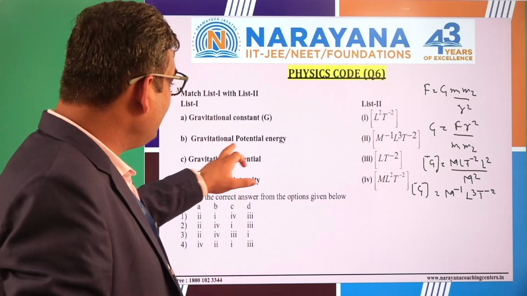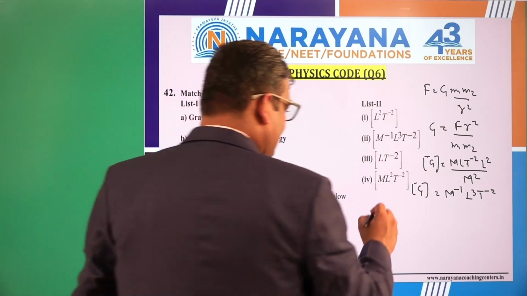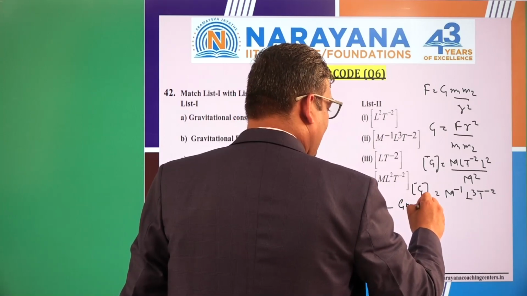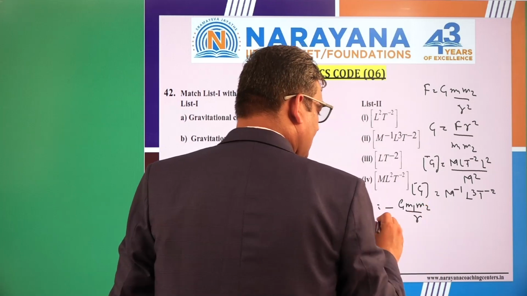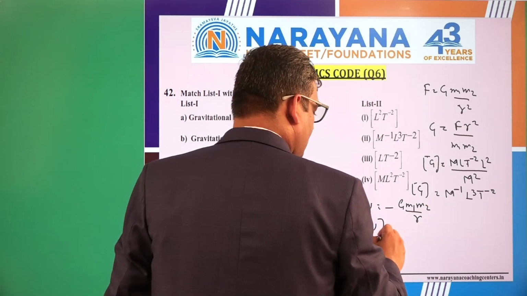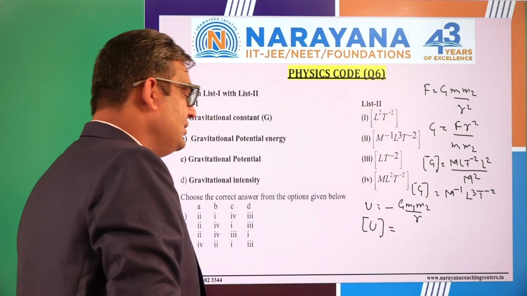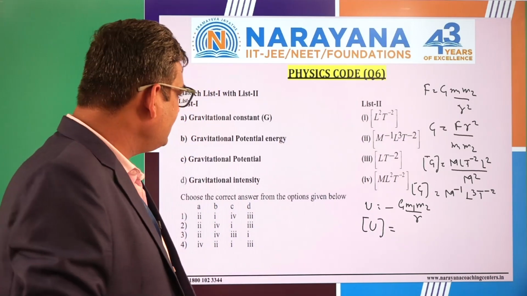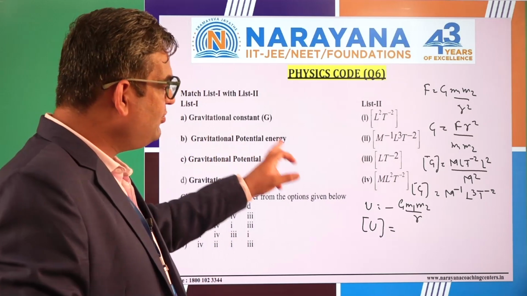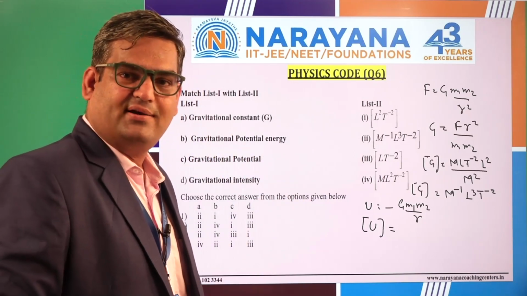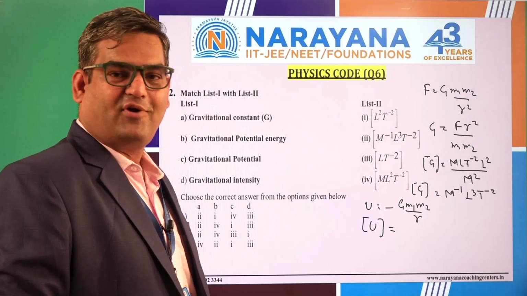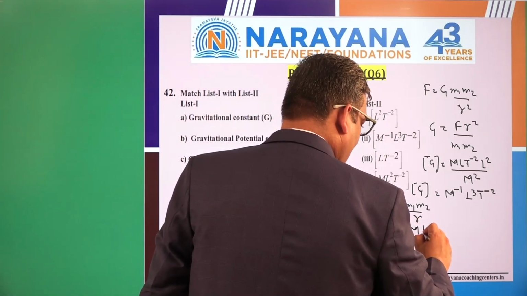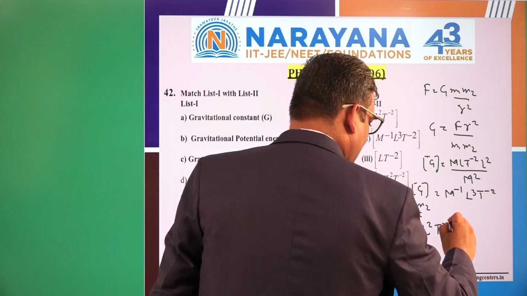Now gravitational potential energy can be simply written as minus G m1 m2 divided by r. So the dimensional formula of U can be calculated from this relation, but the thing is gravitational potential energy is also energy. So its dimensional formula can be directly written as M L2 T minus 2.